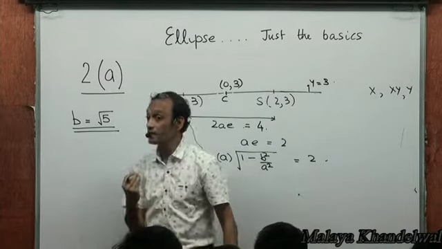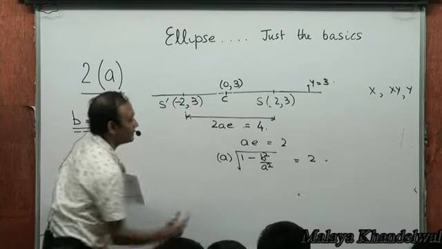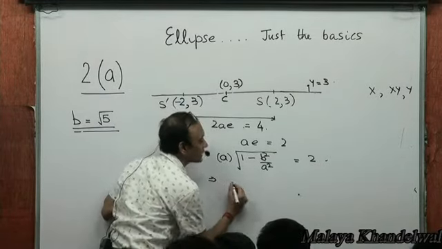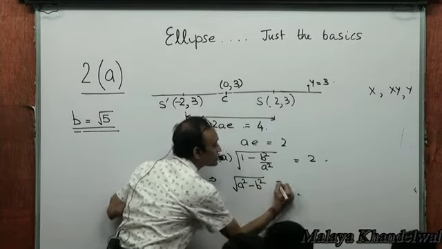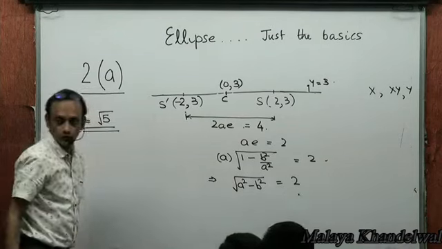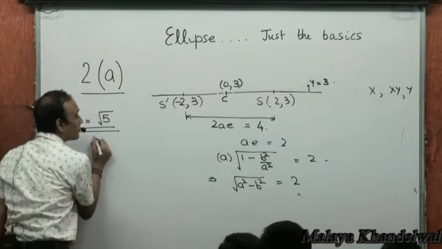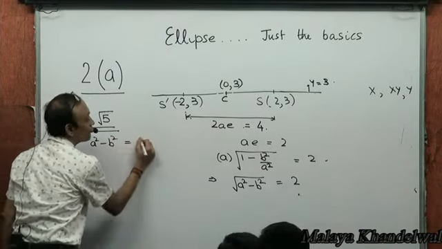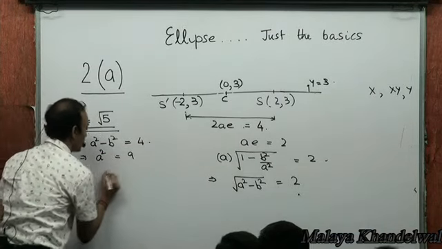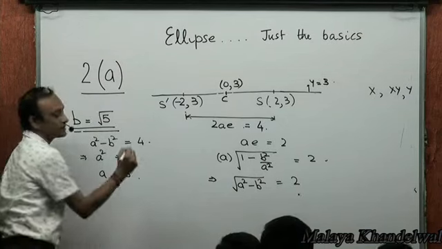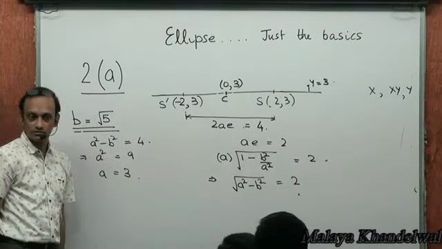I want to find a, the semi-major axis. I know b, right? This is like root a squared minus b squared is 2, or a squared minus b squared is 4, or a squared would be 9. a would be 3 units. Right?